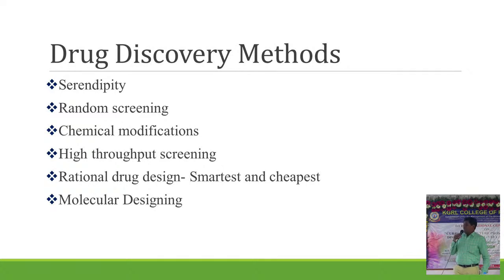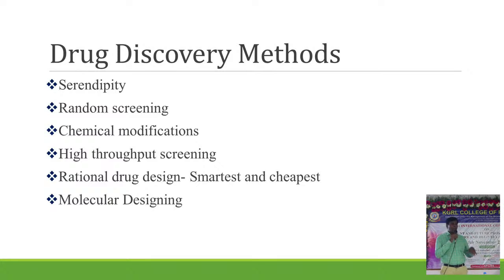So what are the drug discovery methods? Already I explained serendipity, by chance, by an accidental process, such as penicillin and cyclosporin. The next one is random screening. Earlier, before the finding of these chemicals and penicillin, there was random screening by folkloric medicine. That means depending upon the villages, they used the plants and parts of the plants in the treatment of different diseases and ailments.